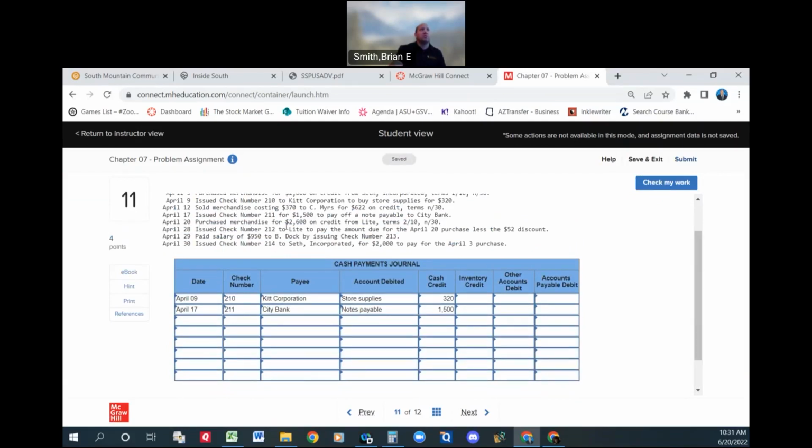April 20th, purchase merchandise on credit, so we don't deal with that. April 28th, issuing a check. So let's do April 28th. Check 212 to Light Company for account debited. Accounts payable.